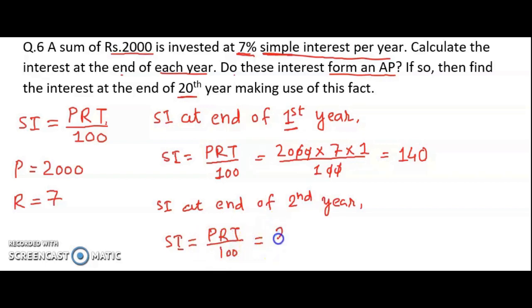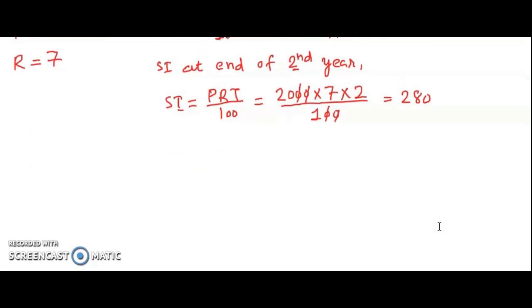Here we will take the principal amount same, 2000, rate of interest is 7, and time period here we will take 2 years. So 0, 0 will cancel out. So 7 multiplied by 20 multiplied by 2, and we'll get 280 rupees. So simple interest at the end of the second year is 280.